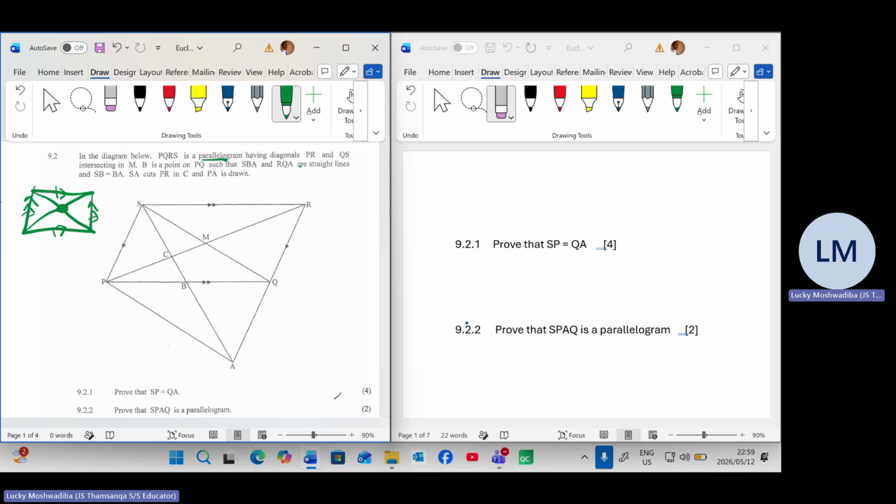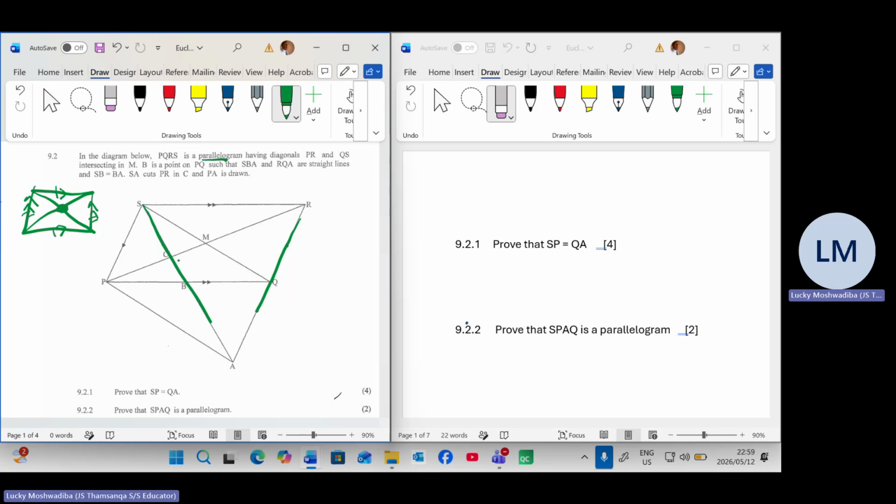We are further told that PR and QS intersect in M. B is a point on PQ such that SBA and RQA are straight lines. This is to emphasize that SBA and RQA are straight lines.